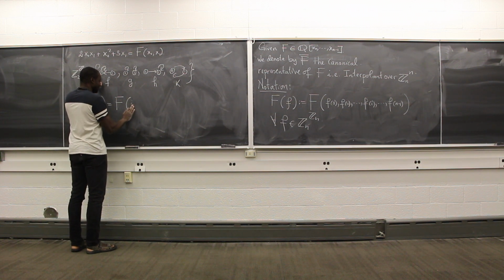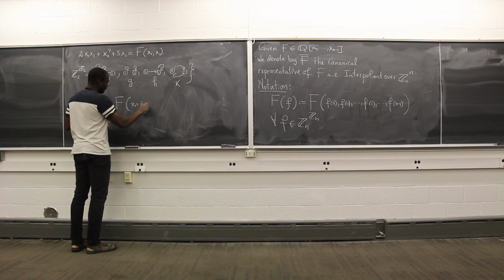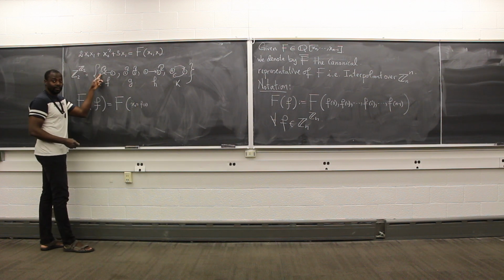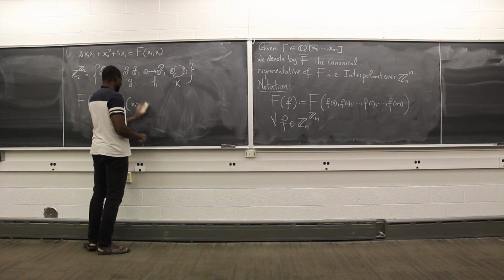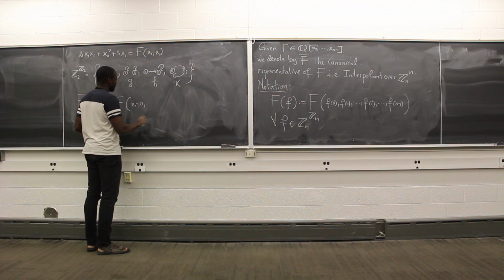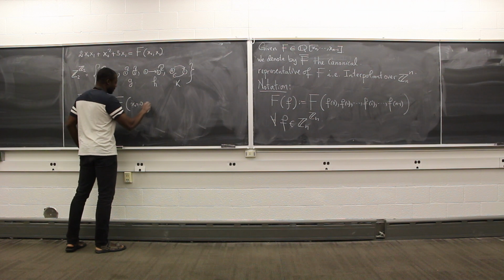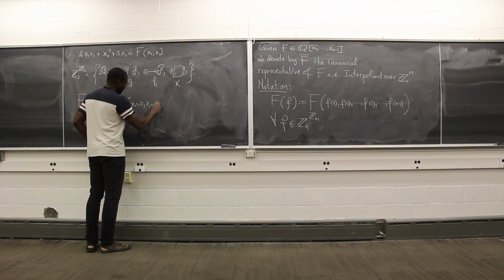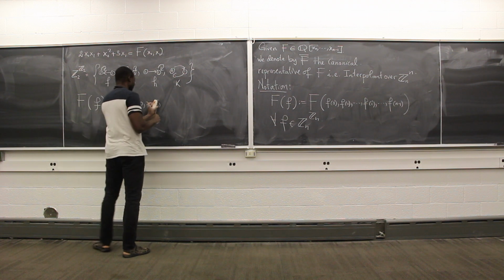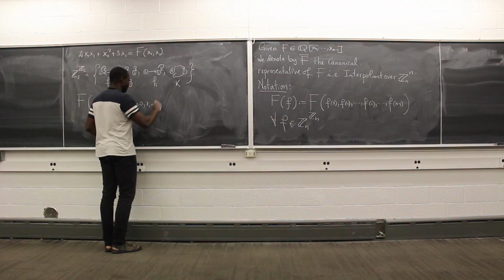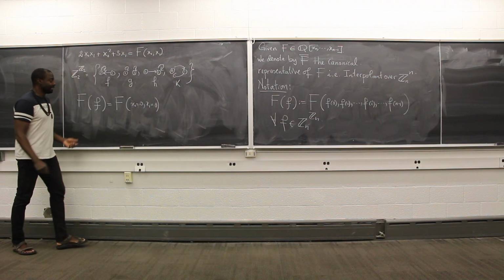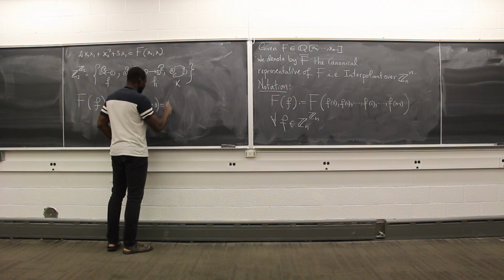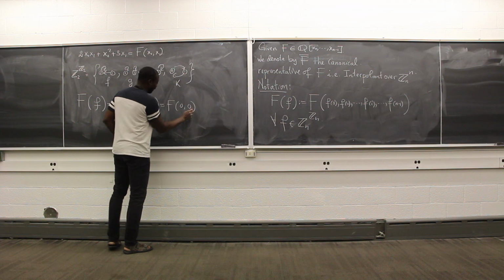So this is x0. You plug in x0 the value f0. But f0 is 0. So here you're going to plug in x0 equal to 0. And you're going to plug in x1 equal to f of 1. f of 1 happens to be 0 also. So this is basically the same as computing f of 0, 0.